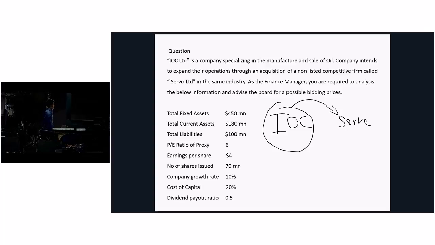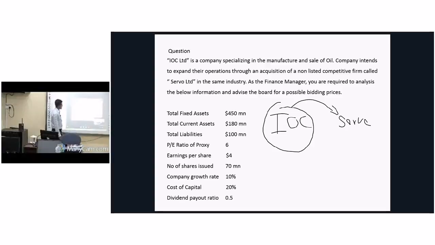Fixed assets, current assets, liabilities, PE ratio, earnings per share, number of shares issued, company growth rate, cost of capital and dividend payout ratio are all given. So first, let's do the easiest one, the net asset approach. Let's quickly calculate the net asset value for this firm.